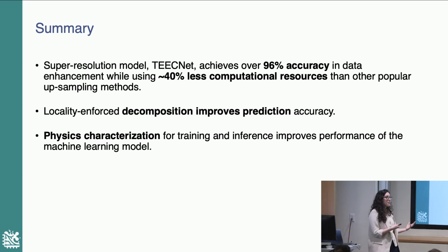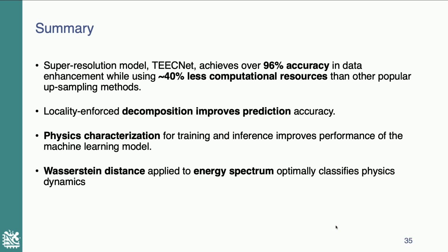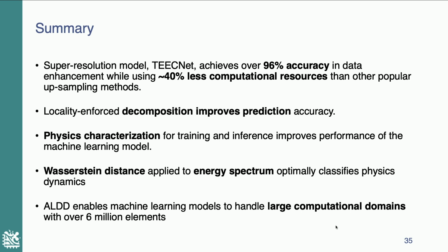And in general, physics characterization improves training and inference when we use it with different types of operator regression models. We observed that Wasserstein distance and energy spectrum optimally classify the physics dynamics. That was for the problems at least we were exploring, but this may be slightly different if there are different flow dynamics.